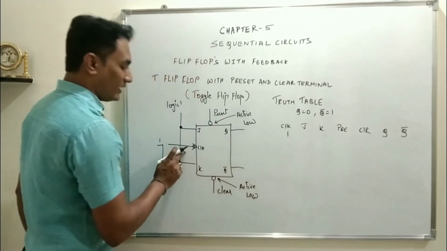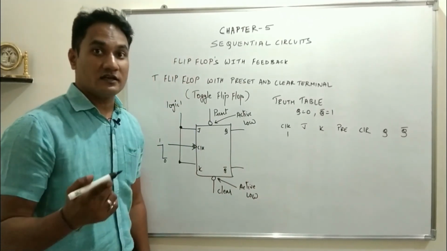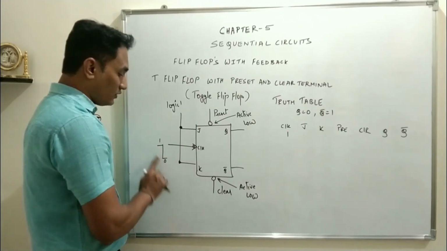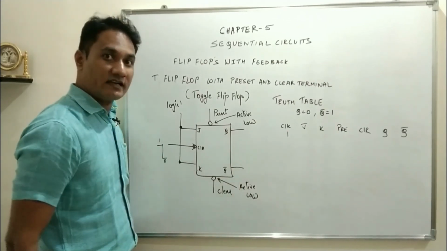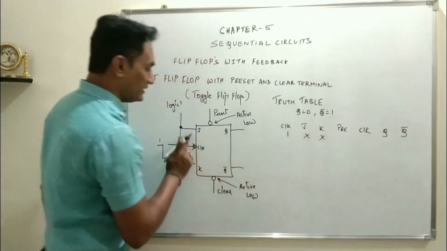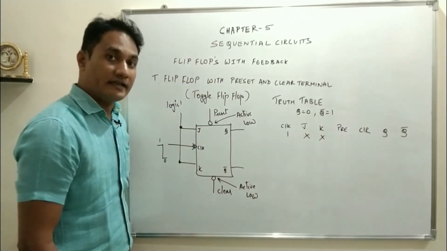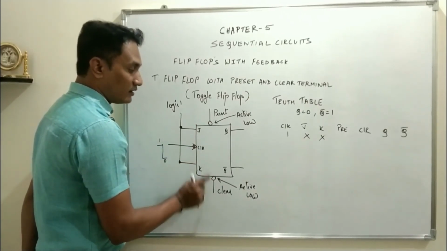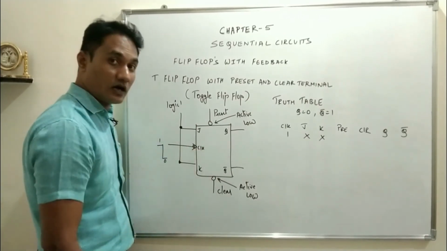If the clock is 1, we know the output will change only when the clock goes from 1 to 0. If the clock is 1, the output is deactivated. That means when the clock is 1, we don't care about the condition of J and K. But preset and clear terminals do not depend upon the clock pulse.